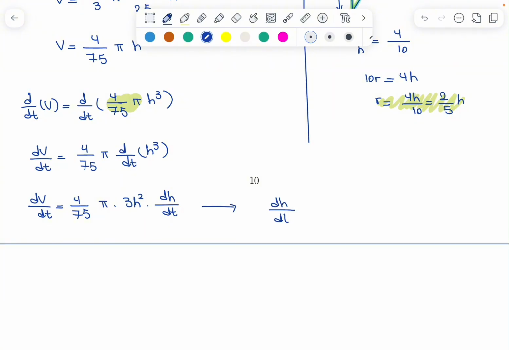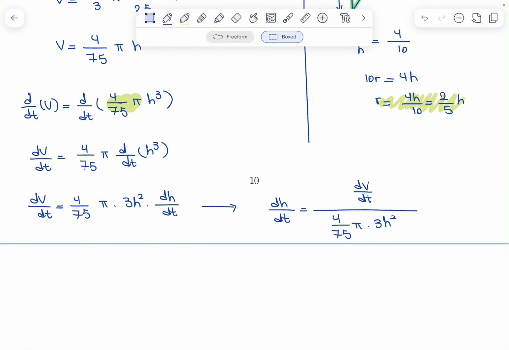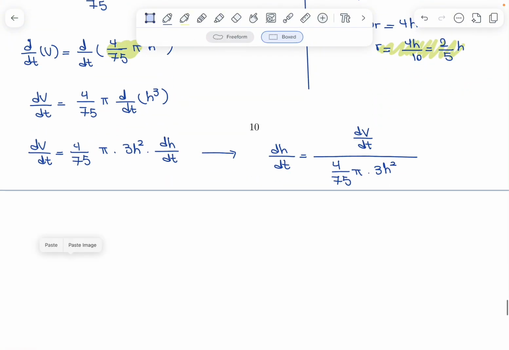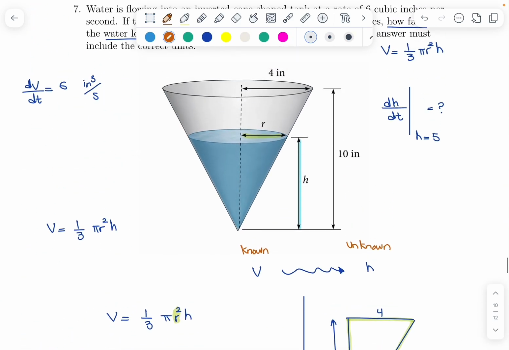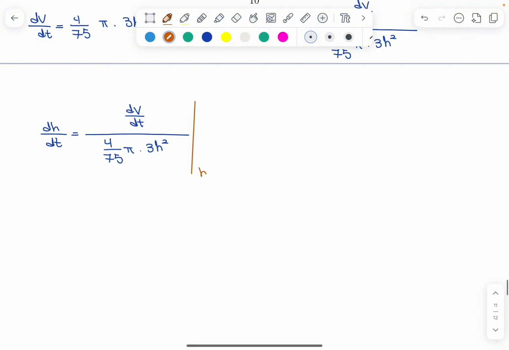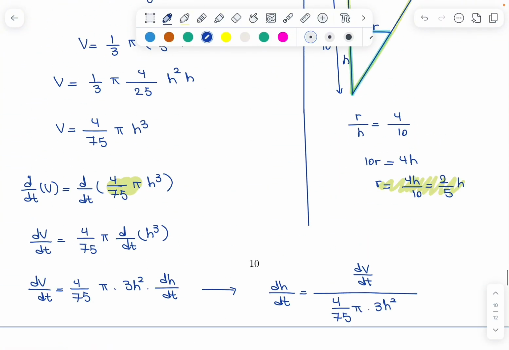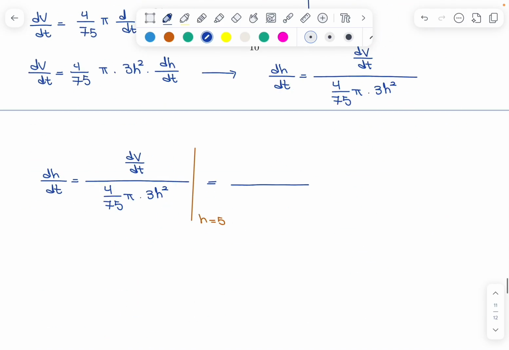Now from here you can find a formula for dh/dt. dh/dt would be dV/dt divided by 4/75 times pi times 3h squared. The question asks us to evaluate this when h is 5. From the question, we know dV/dt is 6.